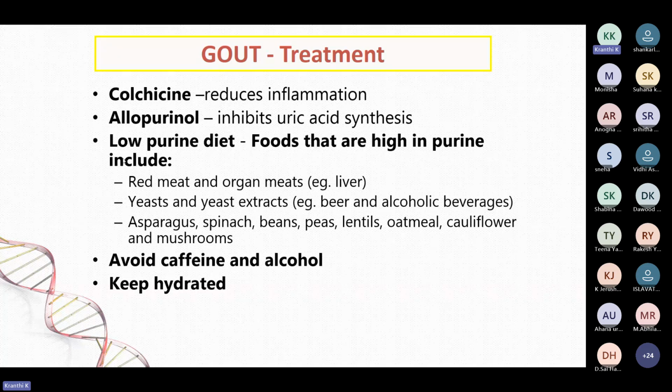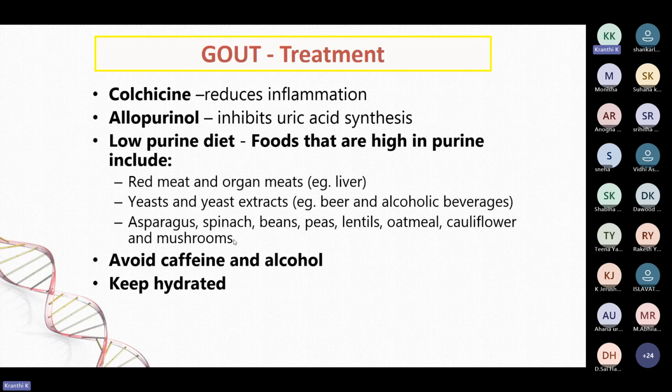Okay, allopurinol. Then a low purine diet also they suggest. Foods that are high in purine include red meat and organ meats, yeast and yeast extract like beer and alcoholic beverages. Then asparagus, spinach, beans, peas, lentils, okay, cauliflower and mushrooms. Avoid caffeine and alcohol. Keep hydrated. Why hydrated? Because we have to excrete more uric acid.